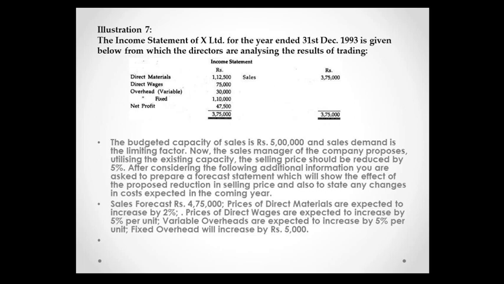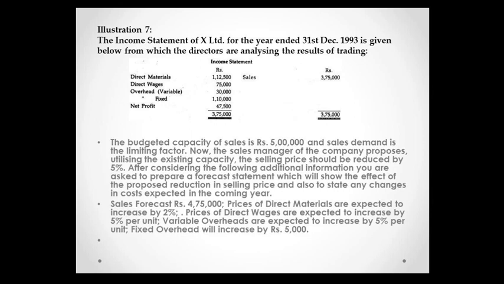In this case, the income statement is given, and the sales is given on the credit side, and all the expenses, direct material, direct wages, and overheads, and we are getting a net profit of 47,500. Here it is given that the budgeted capacity of sales is 5 lakhs, and the selling price should be reduced by 5% after considering additional information.